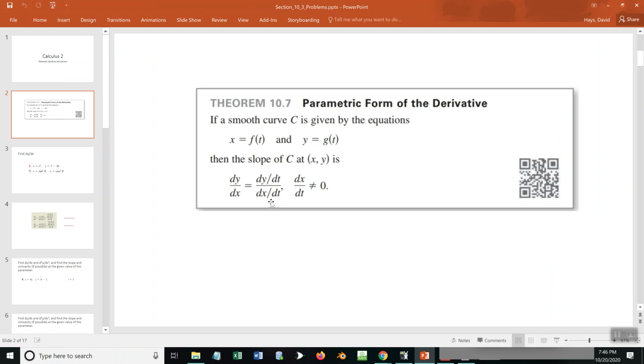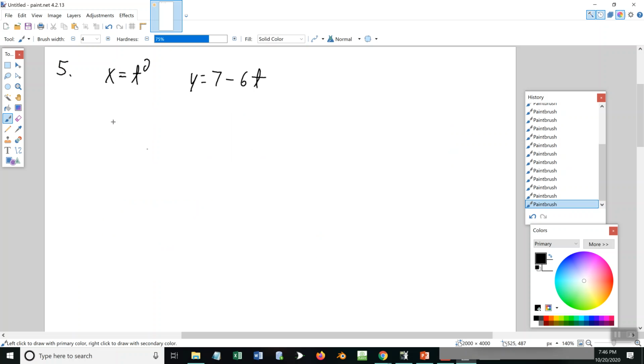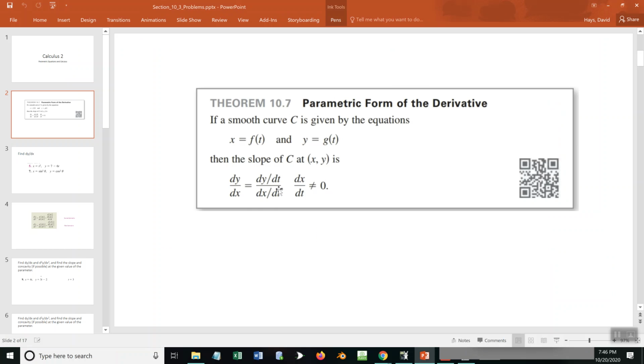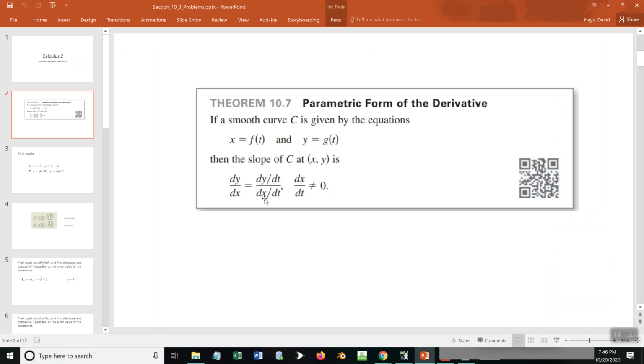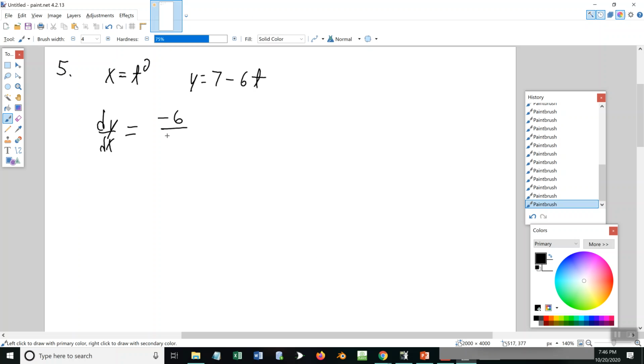So for my formula, on top, we're going to take the derivative of y with respect to t. So that gives us negative 6. On the bottom, we'll take the derivative of x with respect to t, dx/dt. So that gives us 2t, which simplifies to negative 3 over t.